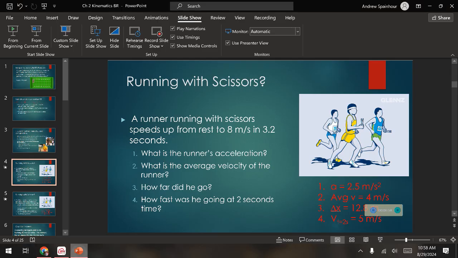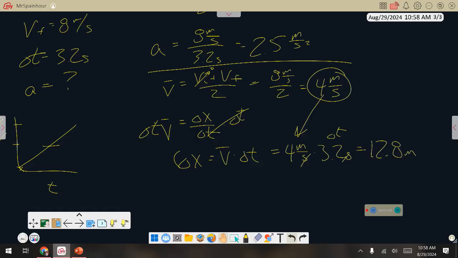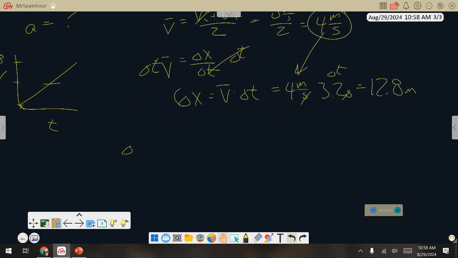Last step up here is, how fast was he going after 2 seconds? Okay, well, after 2 seconds, that's my new variable, so I should probably put that in terms of time, and I'm going right back to this equation. What about this equation has stayed the same, and what about this equation has changed from my very first part of the problem? Everything should be the same except for delta t, right?